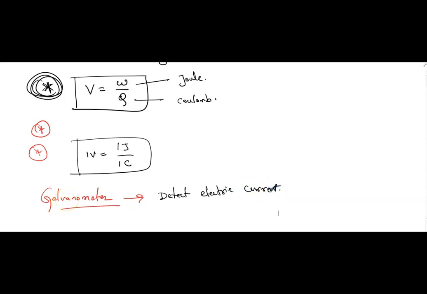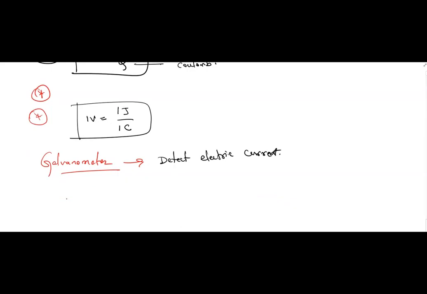Similarly, what is ammeter, children? It is a device to measure the current. Ammeter we use to measure the current in the circuit. Should not get confused. Galvanometer is to detect the current, ammeter is to measure the current.